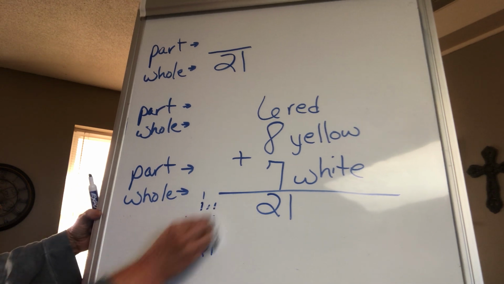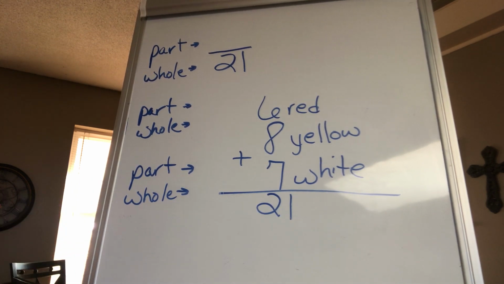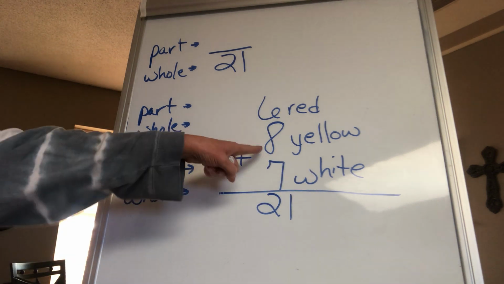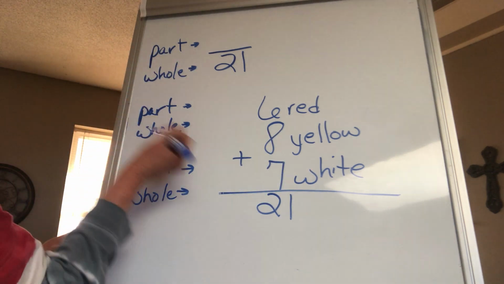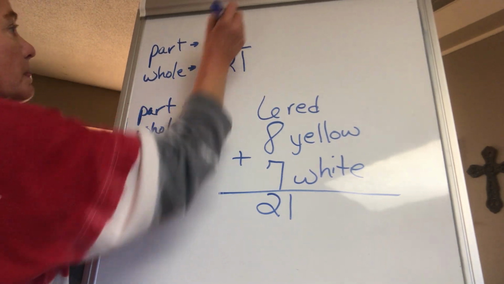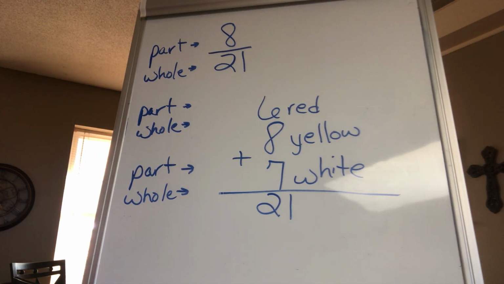And then the question asks, what fraction of the roses are yellow? Well, since I wrote my information right here, I know how many were yellow. The part that were yellow is 8. Okay, so then, is there any number I can divide 8 and 21 by and get 0 remainder? 2 won't go into 21 evenly. 3 doesn't work. 4 doesn't work. 5, 6, 7, 8.